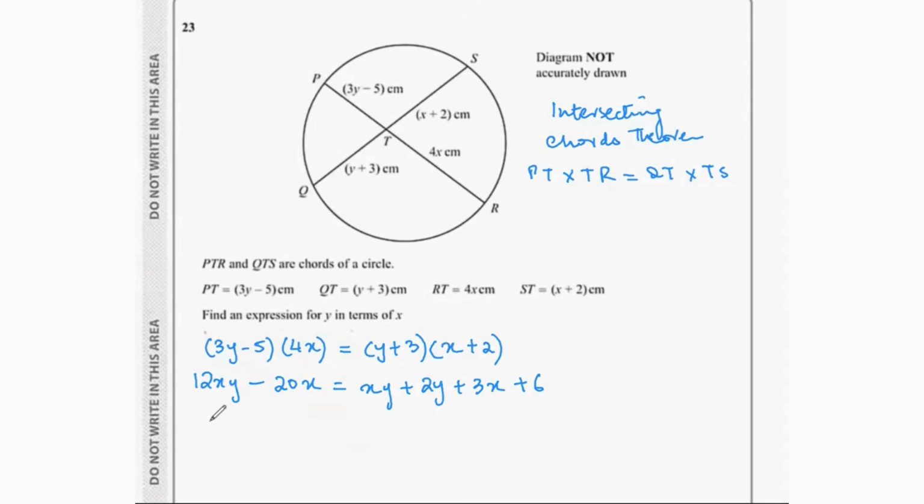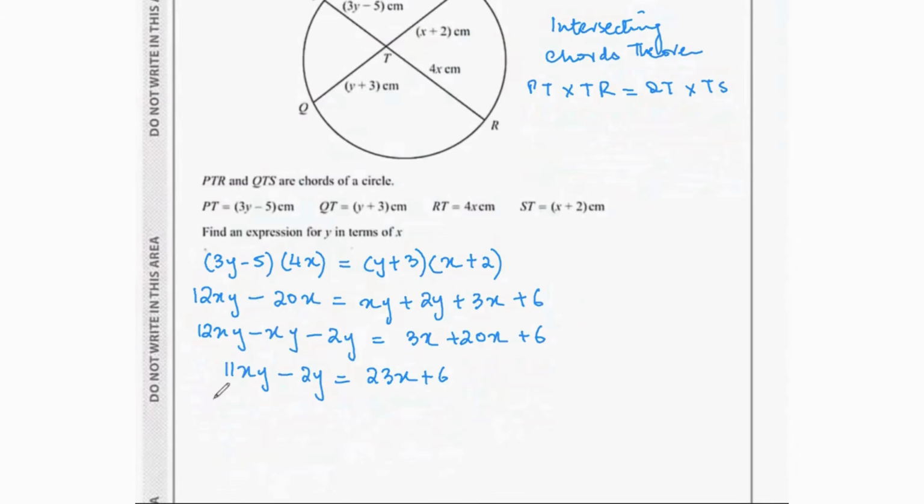Now we're going to collect the terms with y on one side because they want us to make y the subject. So 12xy minus xy minus 2y comes over here. And on the right-hand side, we have 3x plus 20x plus 6. 12xy minus xy is 11xy minus 2y equals 23x plus 6.